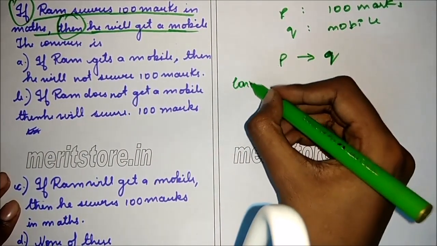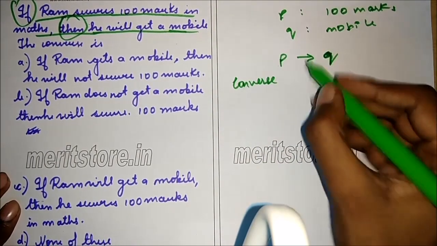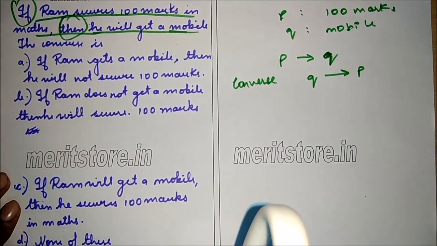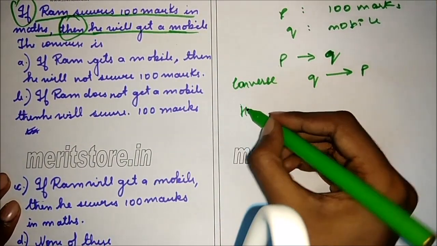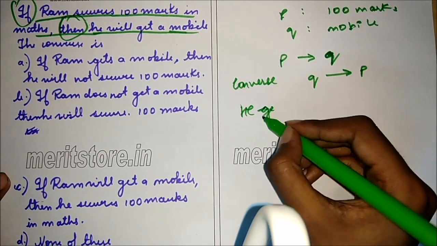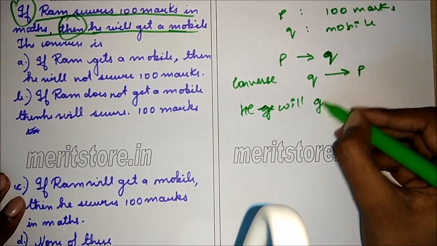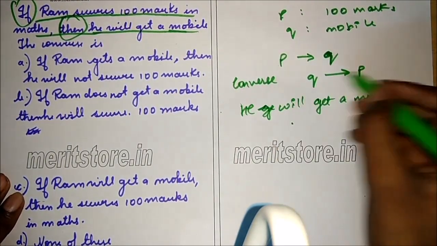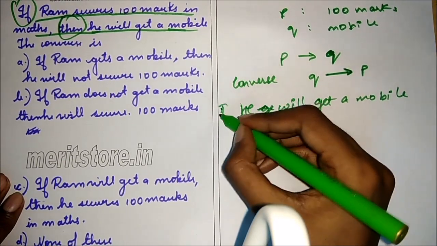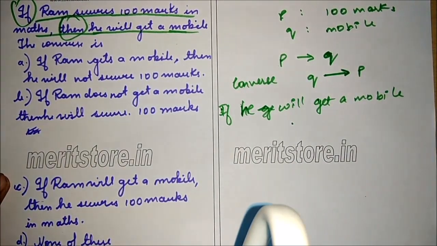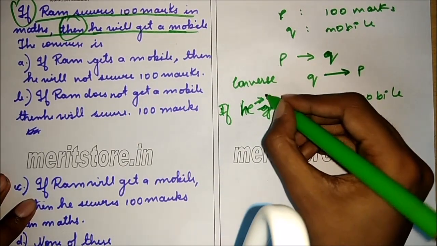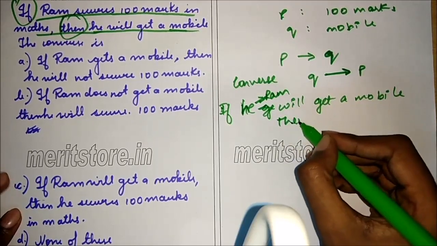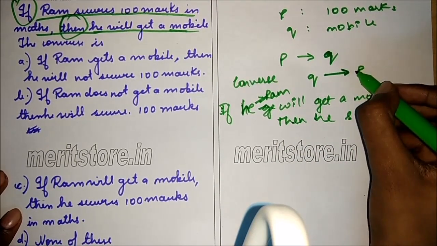So the converse form will be, we simply switch places. So it will be Q implies P, but Q is he will get a mobile. So writing this in the statement form, since we are using a conditional statement, it will be: if Ram will get a mobile, then P is he secures 100 marks.